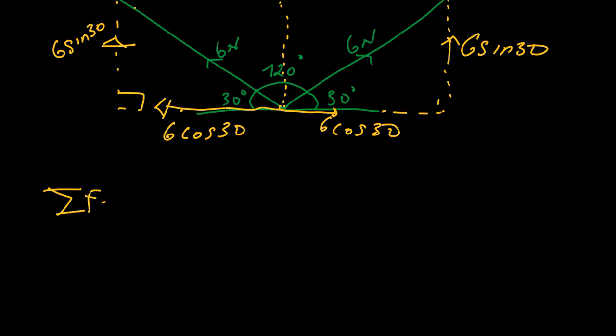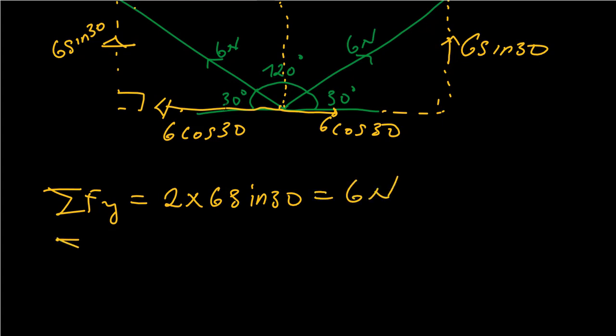that's the sum of the forces along the y. So what we are going to get is the resultant force along the y will simply be, since these two forces, 6 sine 30 and 6 sine 30, are in the same direction, the sum of the two will simply be 2 times 6 sine 30, but sine 30 is equal to half, so this will simply give us 6 Newton.